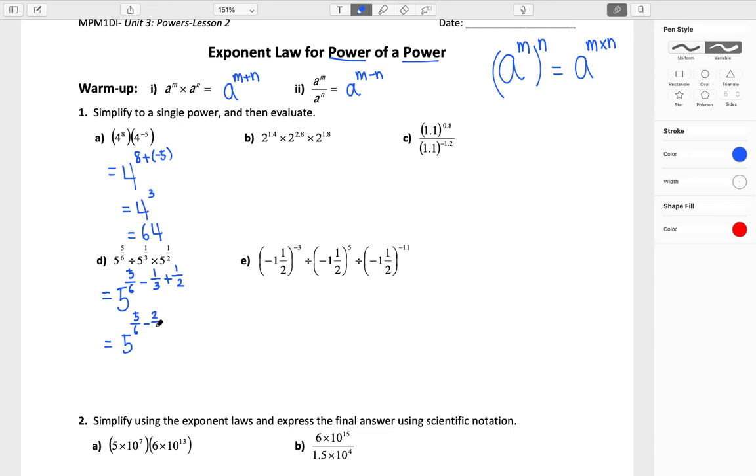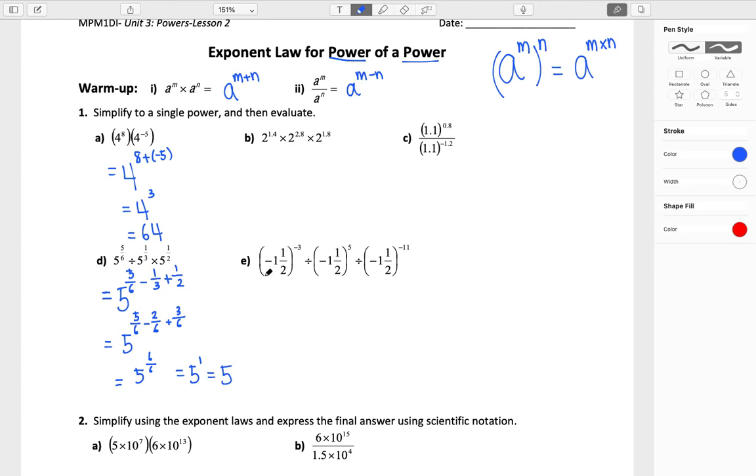So -2 minus 2 over 6, and multiply top and bottom by 3, so it's 3 over 6. And when you subtract and add together, you're going to get 6 over 6, which is 1. 5 to the 1, which is 5.